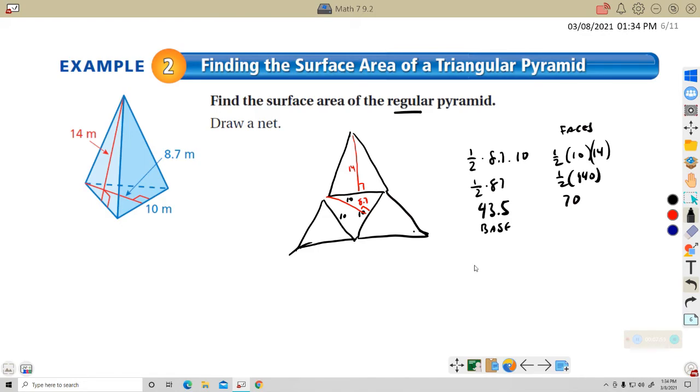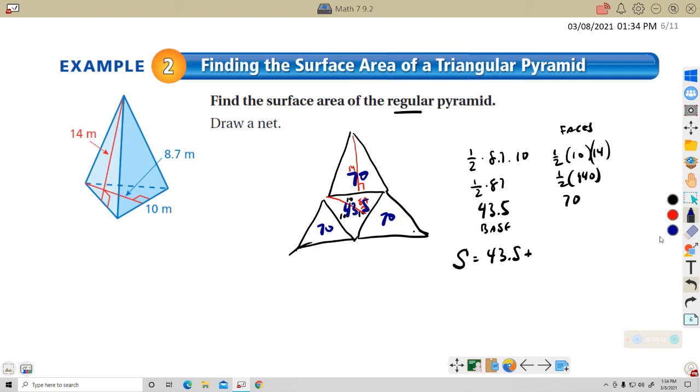Okay, so let's add these up. My surface area is going to be 43.5 plus, I've got 3 of these that are 70, right? Let me label this so we can make sure. This one's 70, this one is 70, this one is 70, the one in the middle, 43.5.